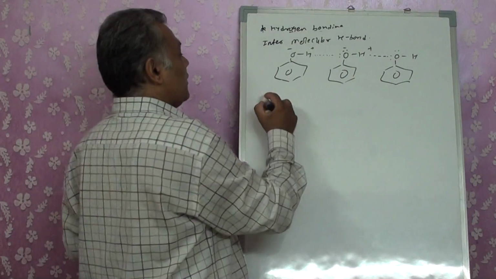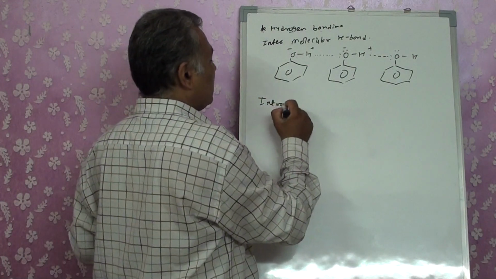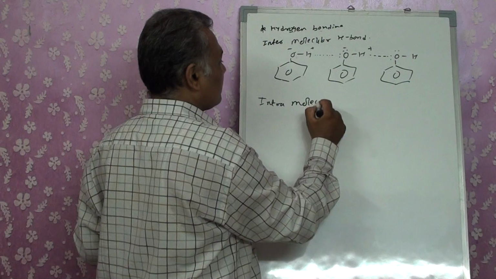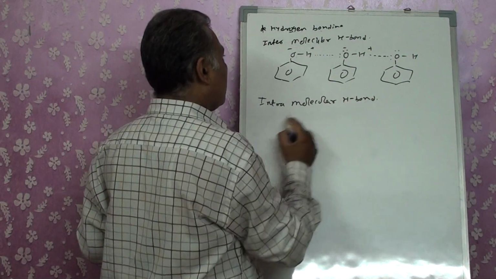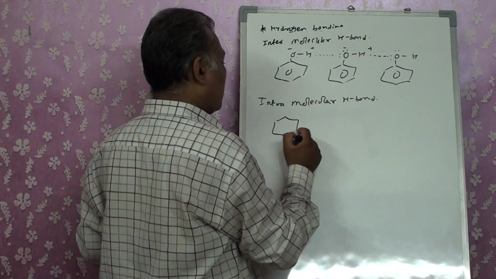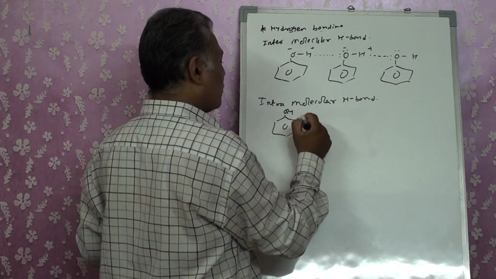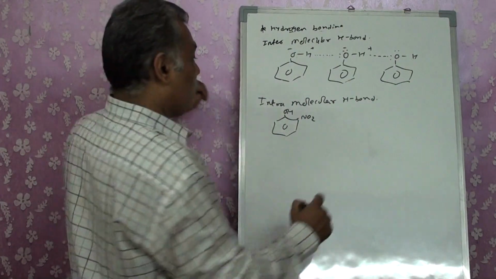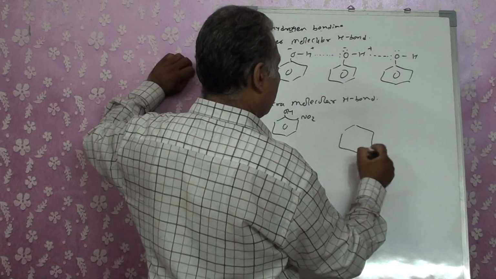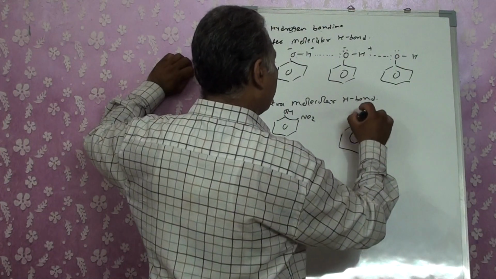Right? Why am I having it as an intramolecular? Then at that time, the example I am putting is orthonitrophenol. What will happen in this compound? Just elaborating the diagram, expanding it.